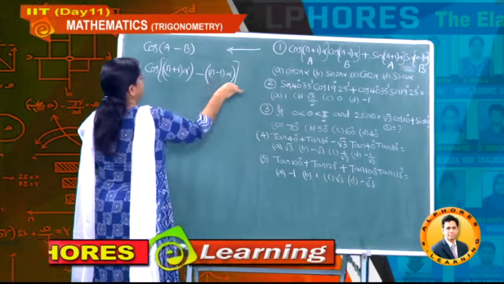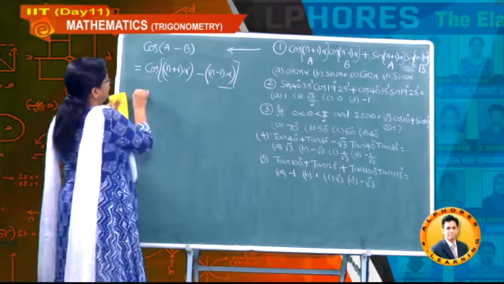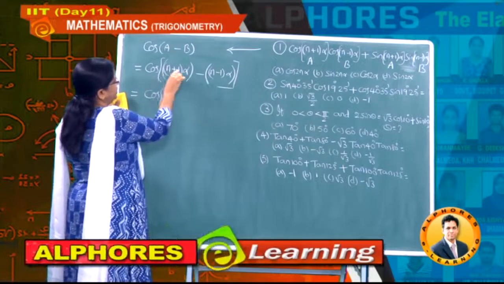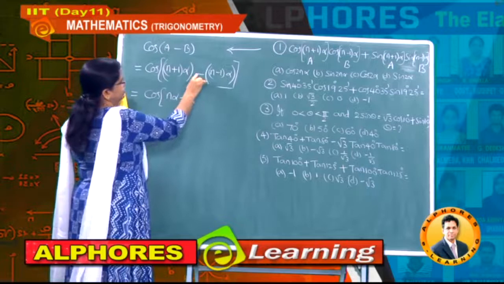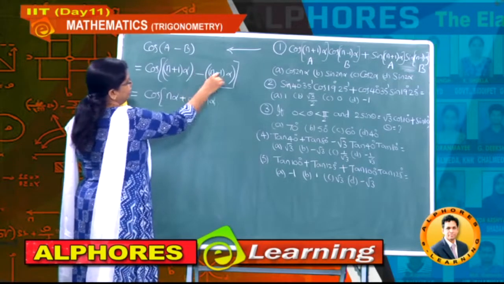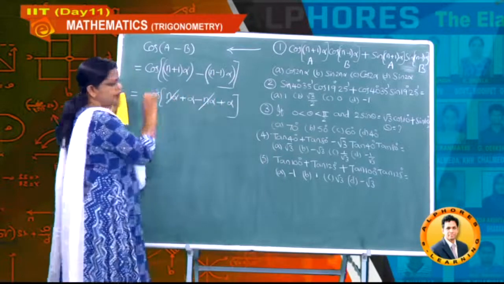Whenever minus symbols are there, better put a bracket in this way. And now here this is cos of, I am multiplying, n into alpha is n alpha plus alpha, and next minus n into alpha. So minus n alpha, minus into minus plus alpha, and now here these two get cancelled.